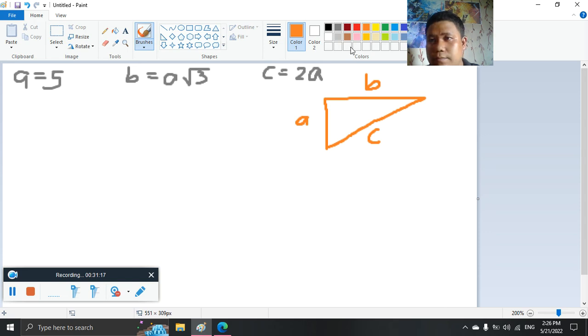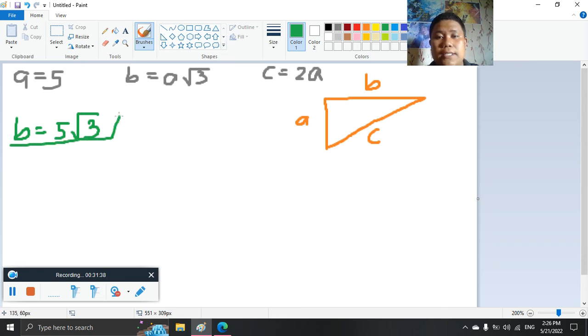So B equals, substitute the value of A, which is 5. So therefore 5 the square root of 3. So easy. Just as simple as that.